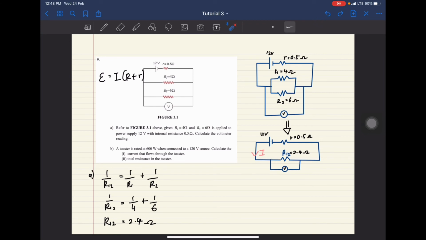To find the current, I have to include the internal resistor. These two are basically in series, so you can use the series effective R if you want to, or you can use this formula that I showed initially. Maybe I want to use that formula. It's the same actually, the formula is derived from that too.